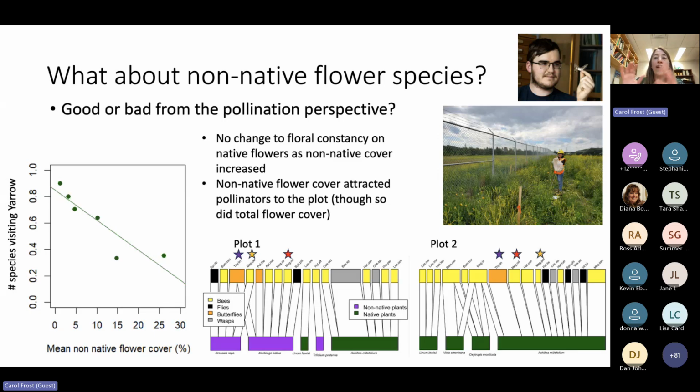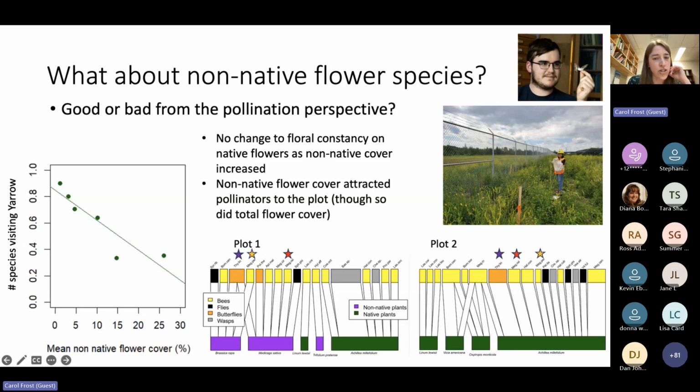So you might expect that when you have more non-native flowers, insects will get distracted by them, get attracted over to them, and not be constant as to which species they're visiting. Floral constancy is the habit of an insect of making subsequent visits to the same species. And that is extremely important for an insect being a good pollinator.